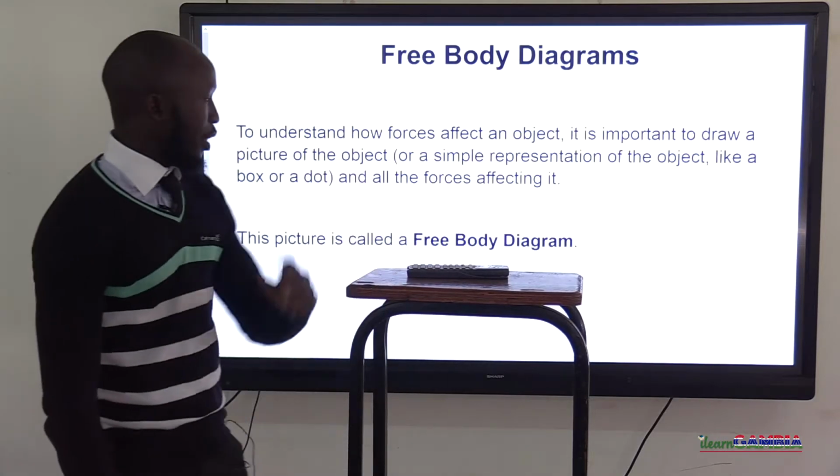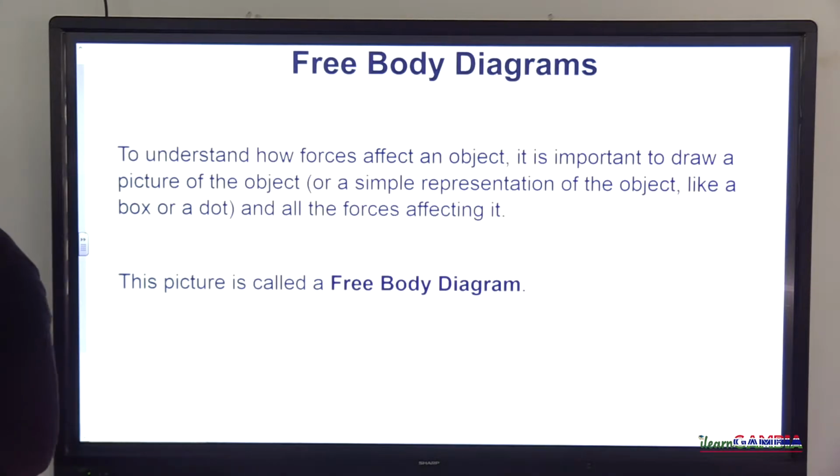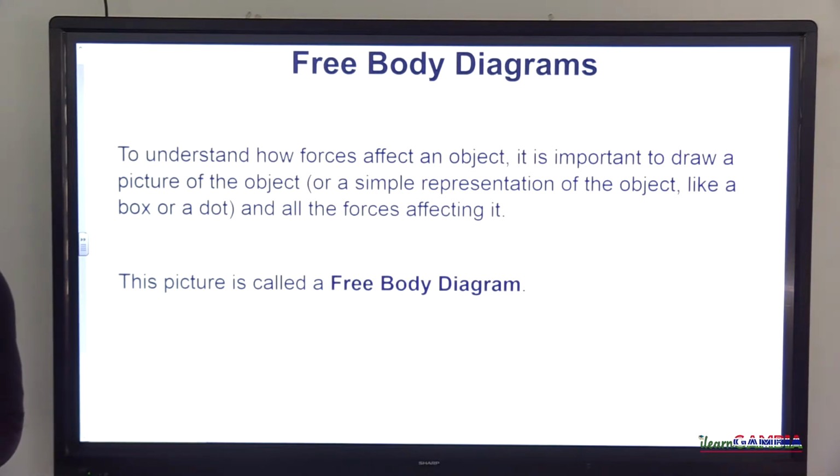To understand how forces affect an object, it is important to draw a picture of the object or a simple representation of the object, like a box or a dot, and all the forces acting on that particular box or dot. This picture is what is called the free body diagram.